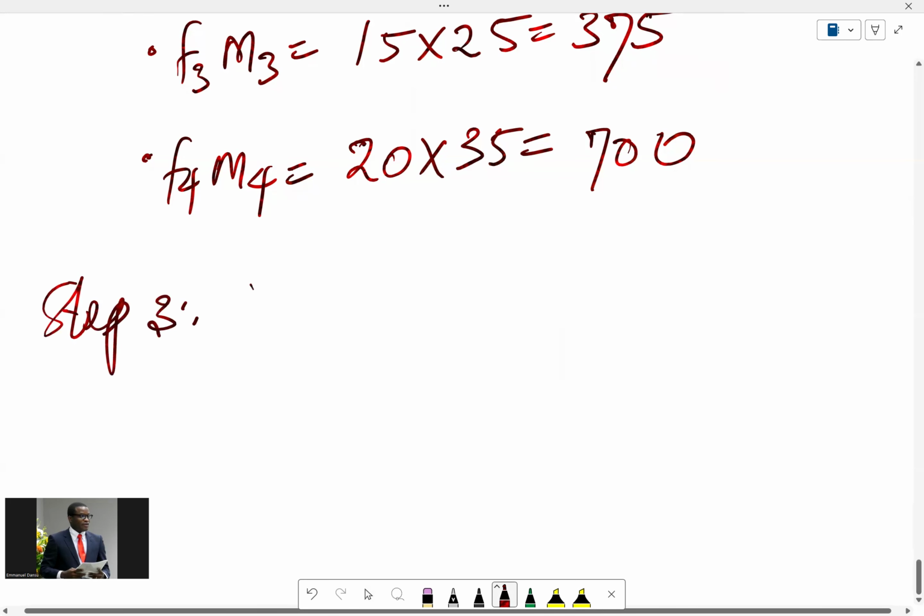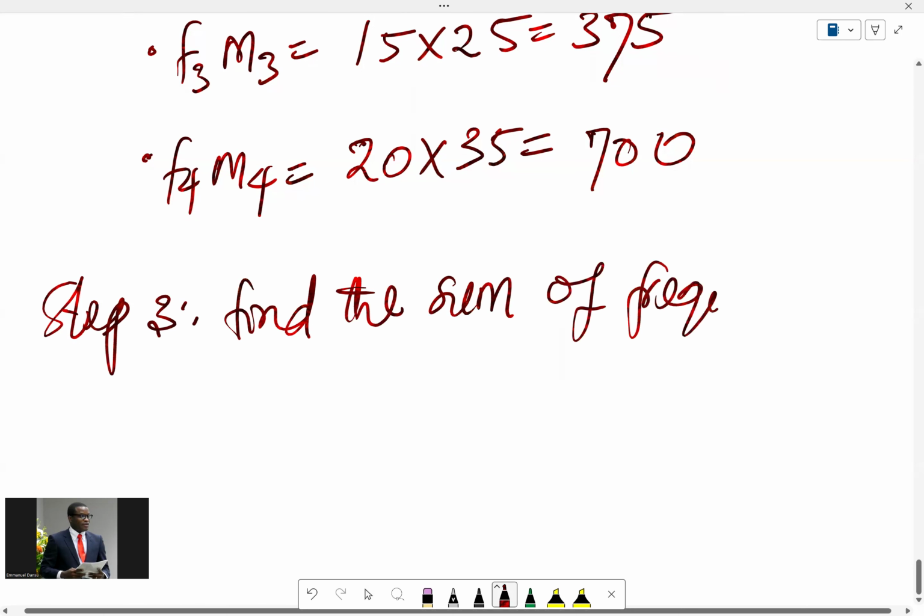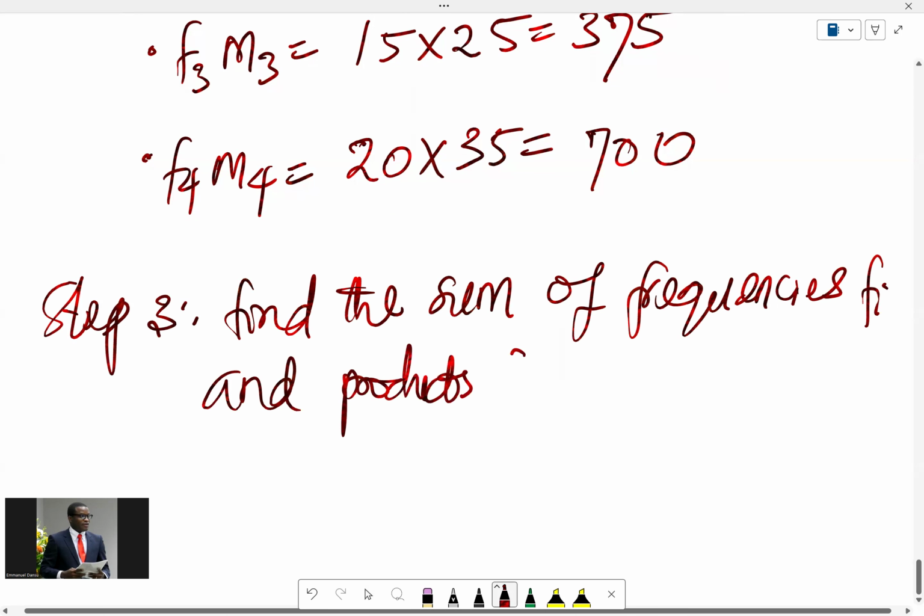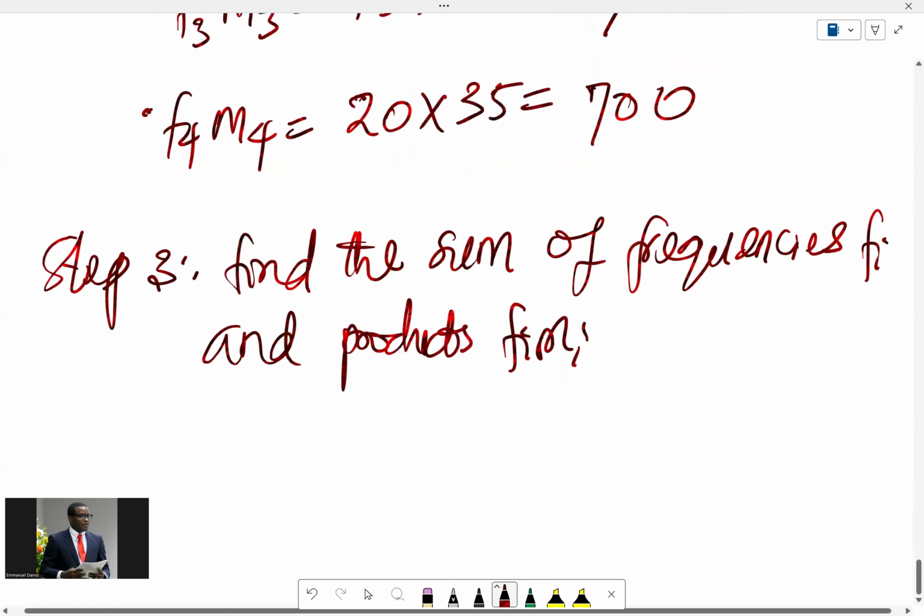Then step three would be to find the sum of frequencies, Fi, and products FiMi. So you find those sums.